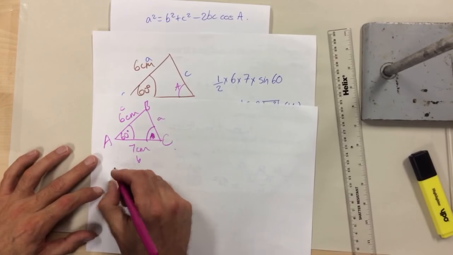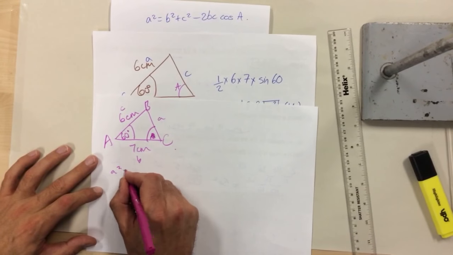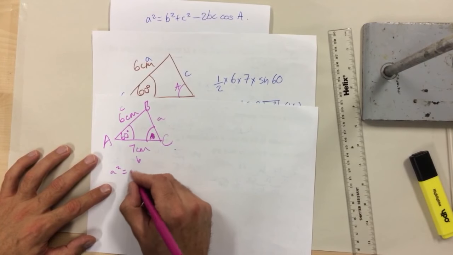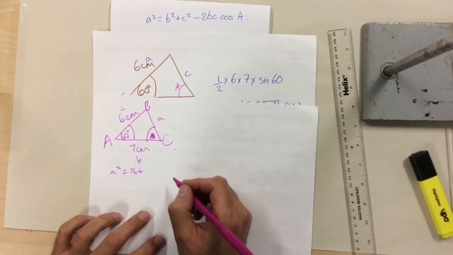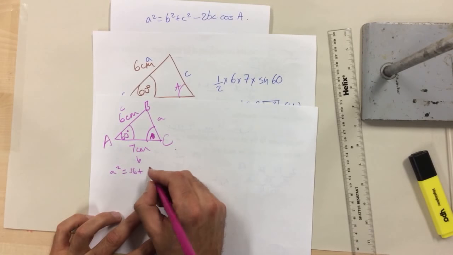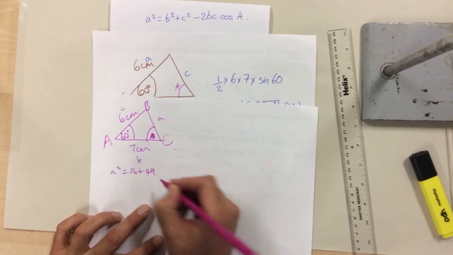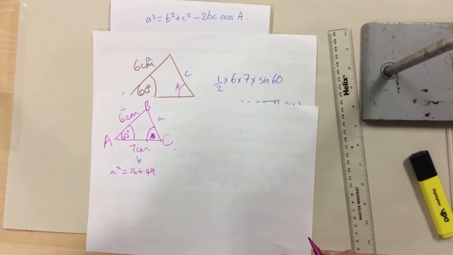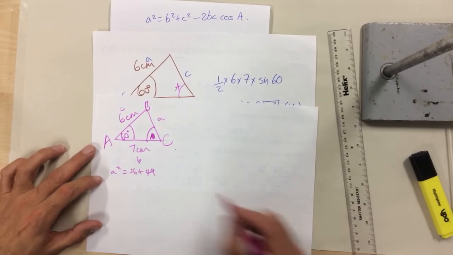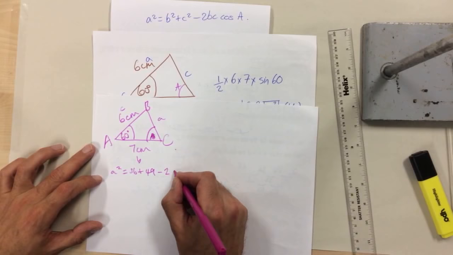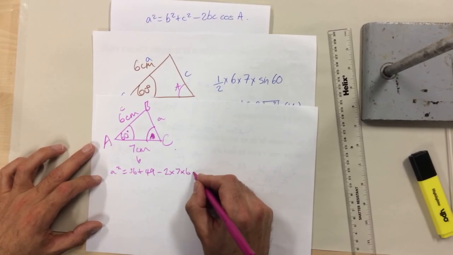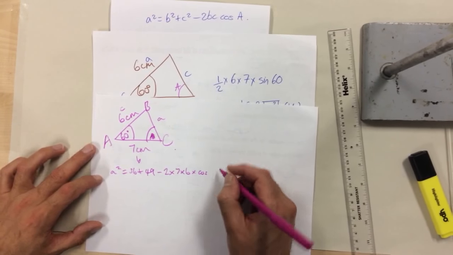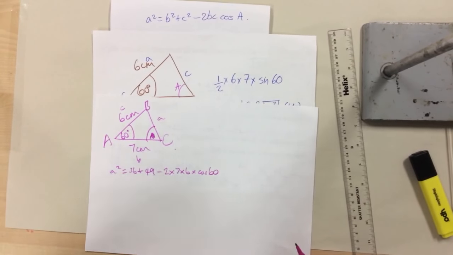So a squared equals b squared, 36, plus c squared, sorry, I've got those the wrong way around, but it doesn't matter because we're going to add them together anyway. So we've got 49 plus 36 minus 2 times 7 times 6 multiplied by cos 60 degrees.